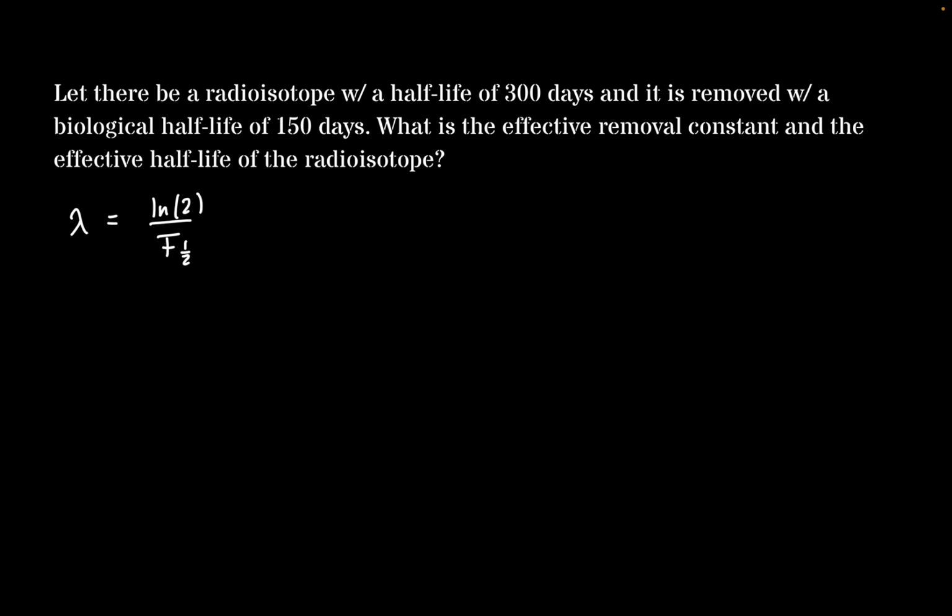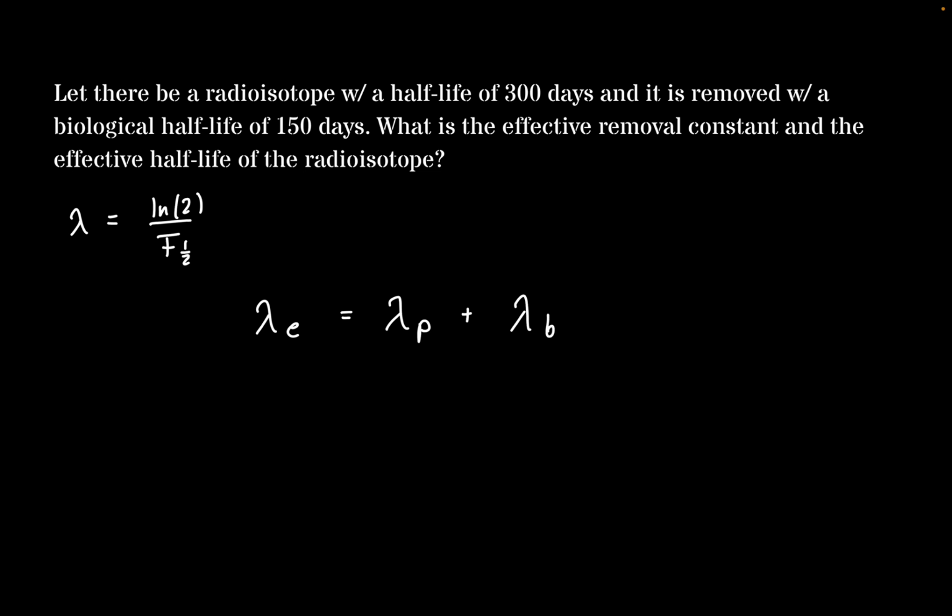We can start off by saying that the effective removal constant, lambda sub e, is equal to the decay constant of our radioisotope plus the decay constant of our biological process.